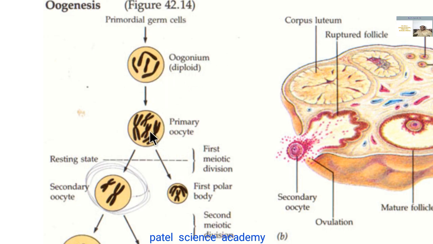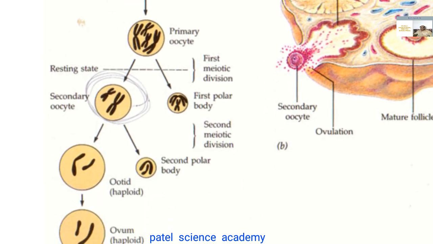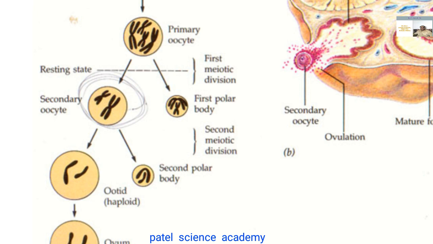It goes for cell division and converts first into the primary oocyte. This primary oocyte goes through the first meiotic cell division, and by it, it converts into two cells. This stage is called the resting stage. During the first meiotic cell division, it converts into these two cells.